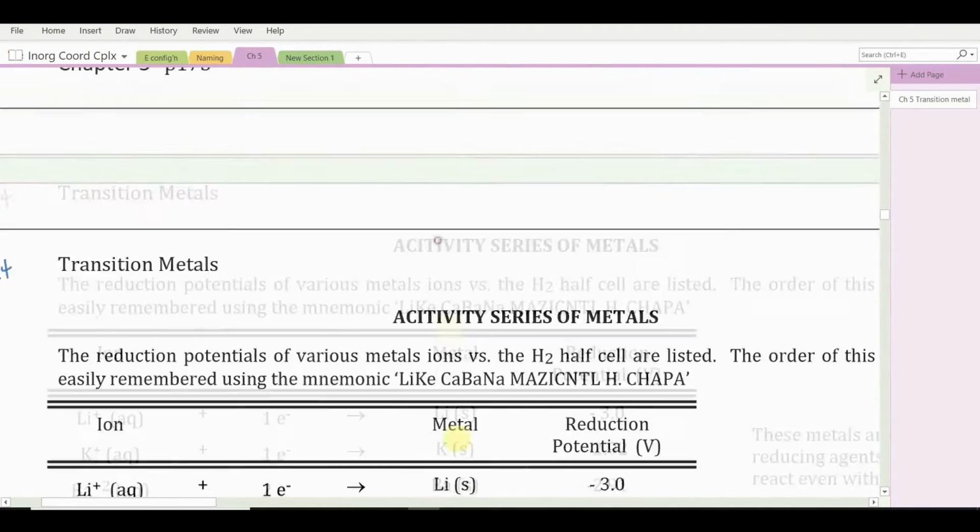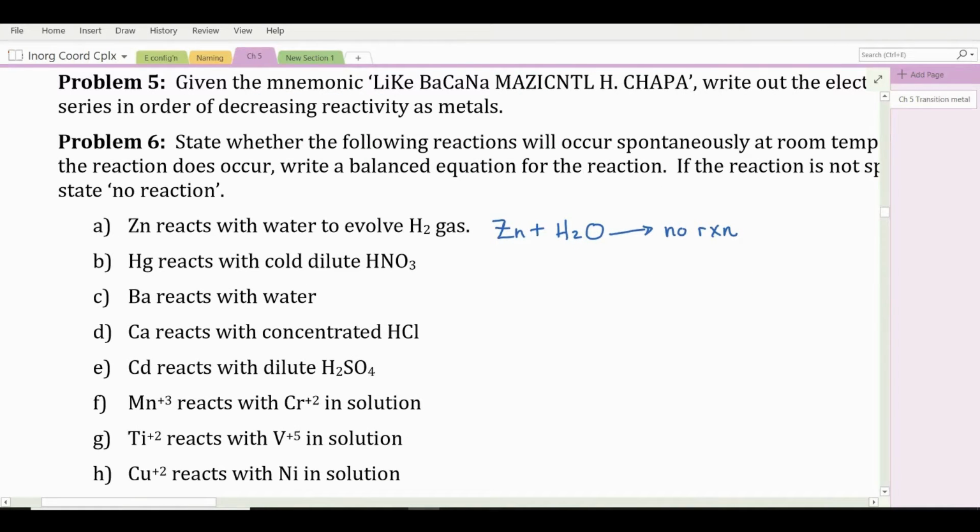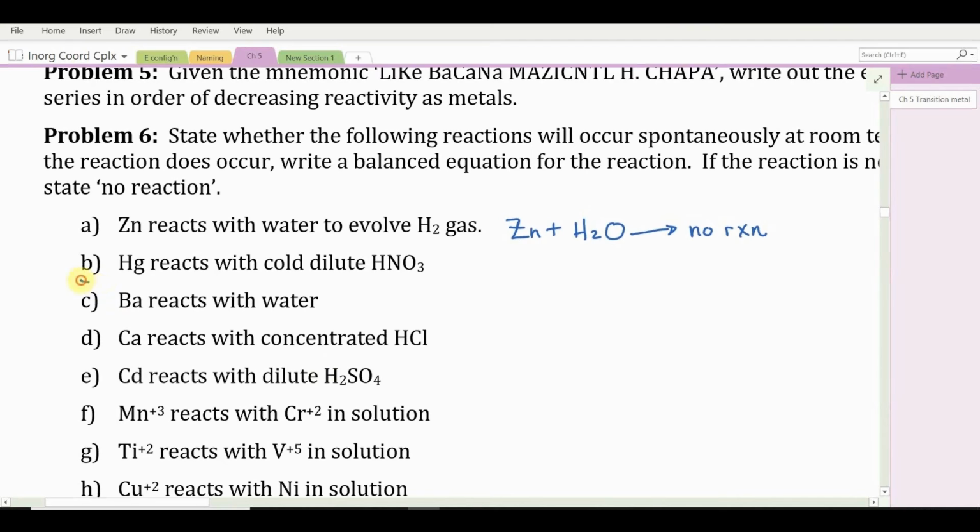And so in this first example we're going to say no reaction. We'll put zinc plus water at room temperature, no reaction. Okay, B. Mercury reacts with cold dilute nitric acid. A bit of a tricky one. Mercury plus nitric acid.